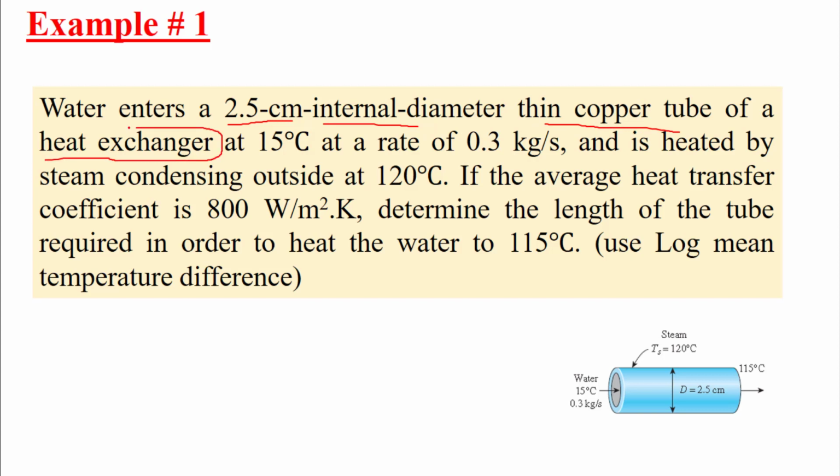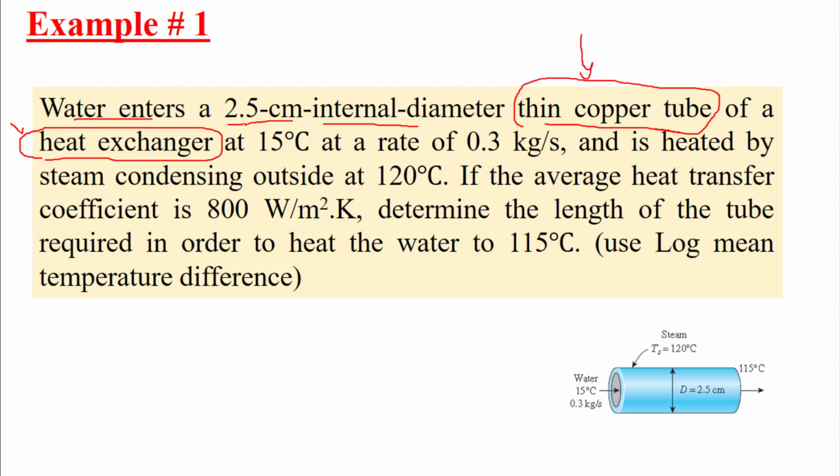So here we have a heat exchanger, and this heat exchanger consists of thousands of tubes like this tube. Okay, so here we are tackling only one tube. It could be 100, could be 1,000 tubes. Okay, so it depends on the capacity of this heat exchanger.